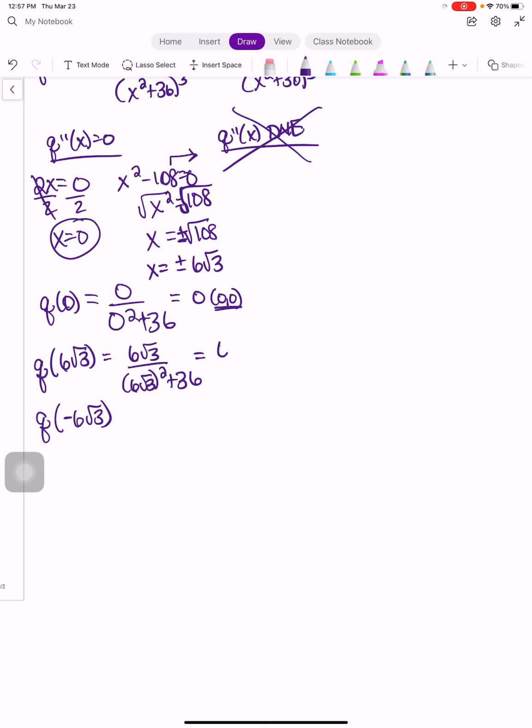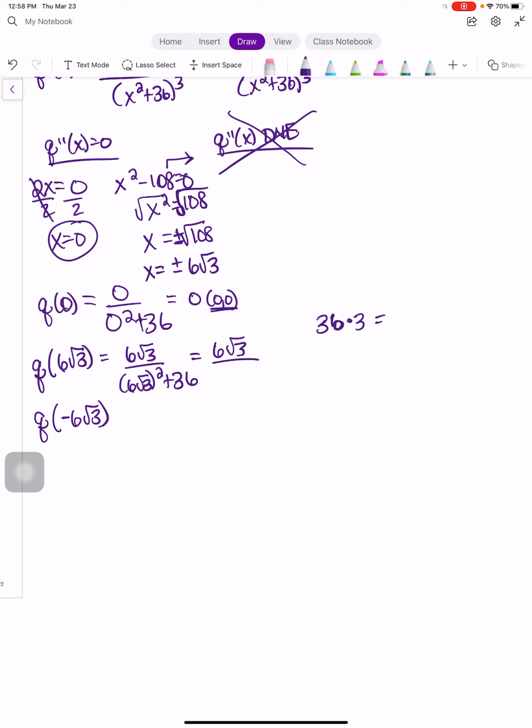Let's see, I can simplify the denominator. If I square 6, that gives me 36. And if I square that square root of 3, that gives me 3. And if I multiply 36 times 3, that's going to give me 108. So that gives me 108 plus 36.